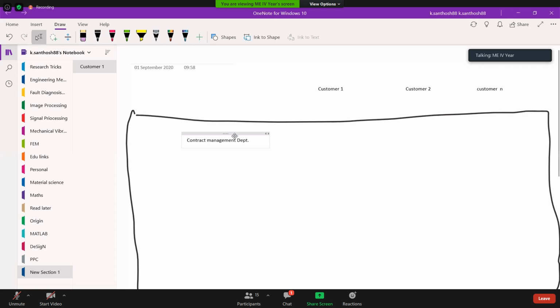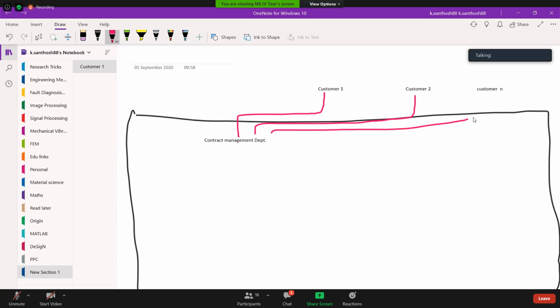The role of this CMT is to monitor the customers individually. There are a number of customers, and similarly in the contract management department there are a number of employees.